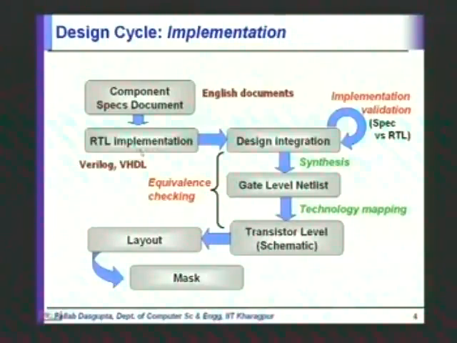Design entry is typically done by first coding the unit level modules. In the jargon followed in the industry, you have a full chip level, you have the block levels, and you have the unit level.